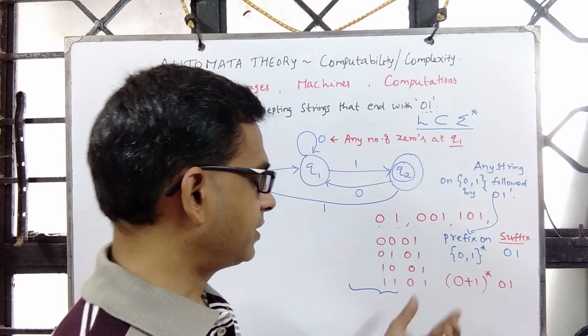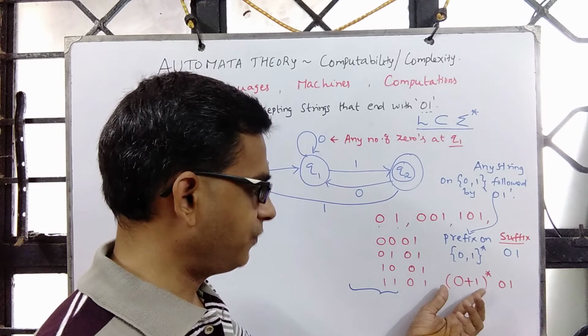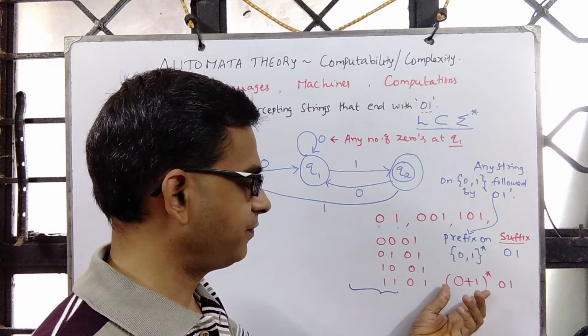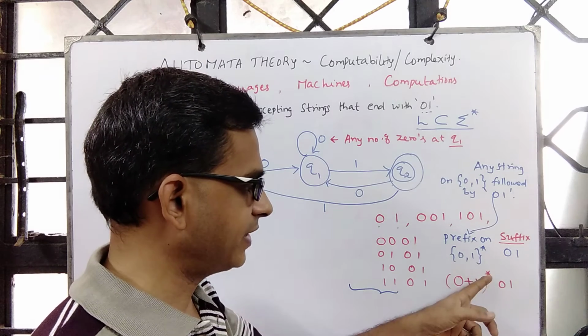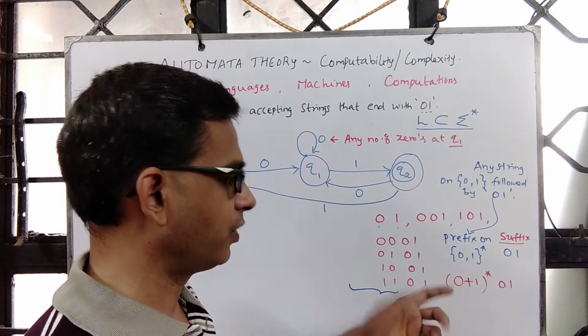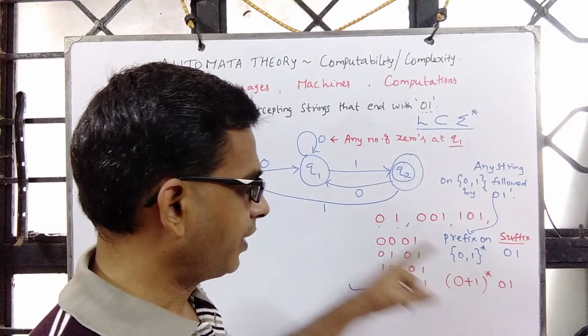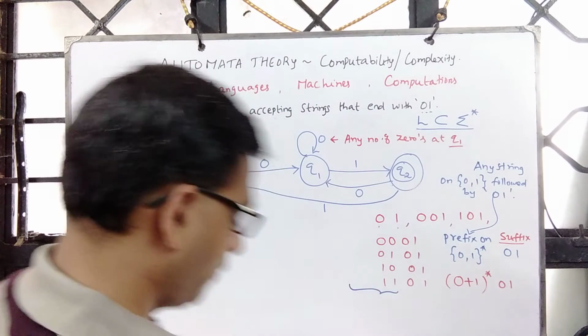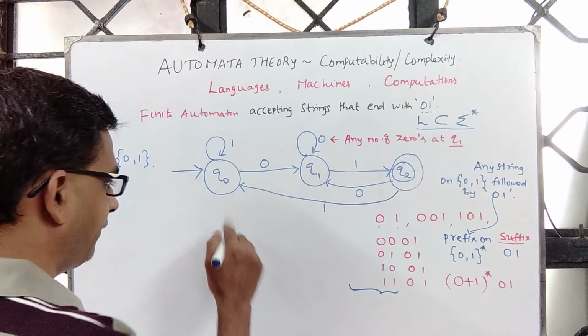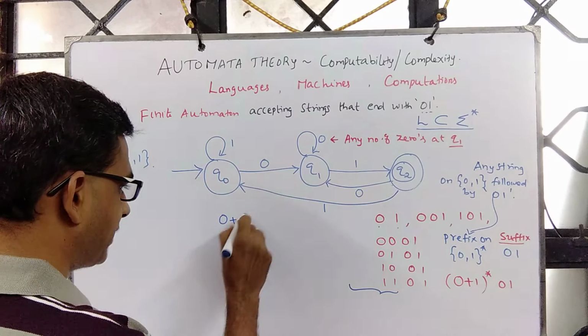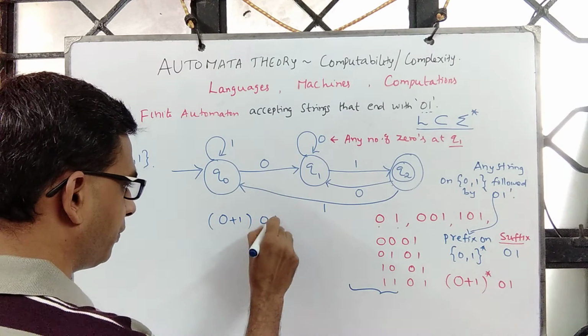So this says any combination of 0, 1. When I say star, it means 0 or more. When it is 0, you get 0 1. When it is 1, we get 0 plus 1 times 0 1.